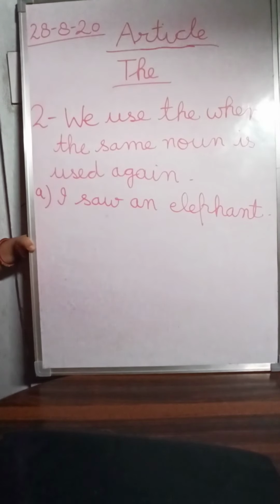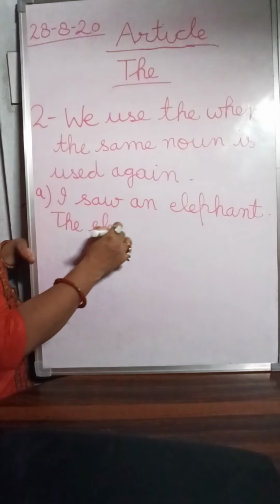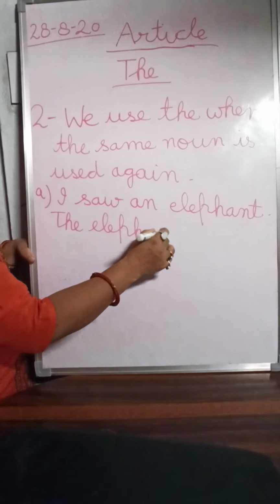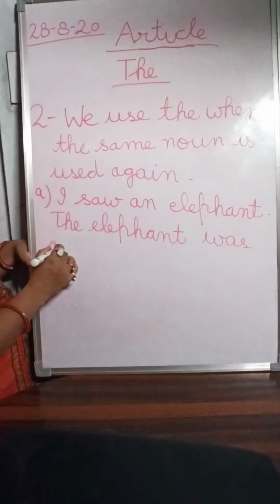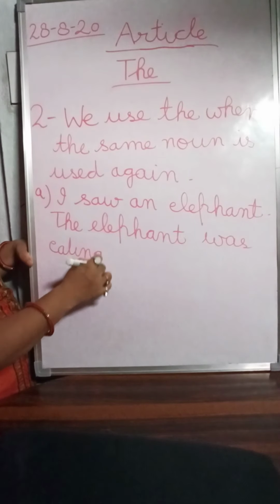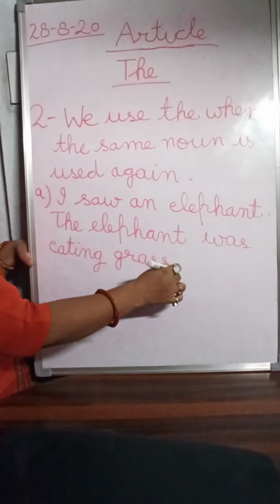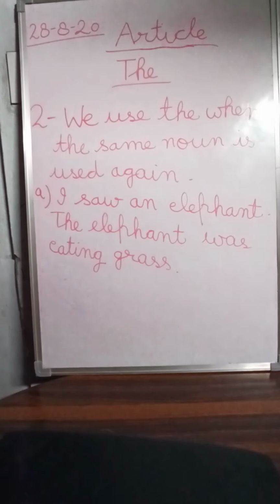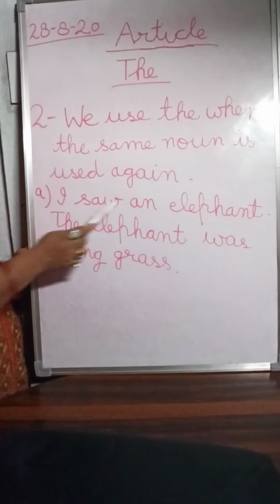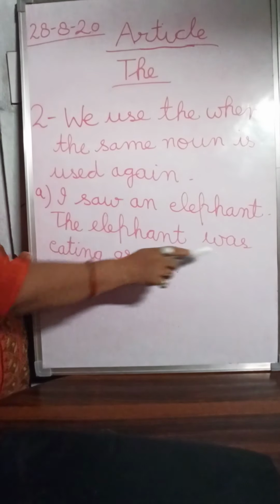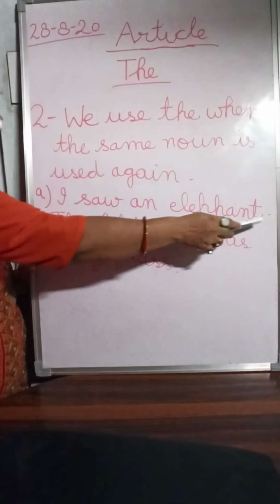The elephant was eating grass. See students, here are two sentences. First sentence is I saw an elephant. मैंने एक elephant देखा. The elephant was eating grass. अब देखिए second sentence में हम उसी elephant के बारे में बात कर रहे हैं.